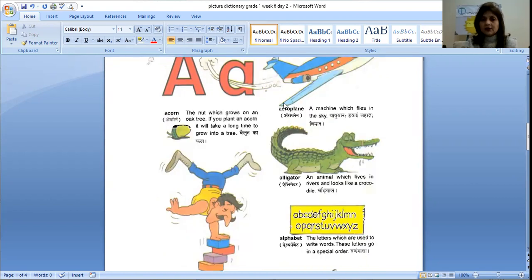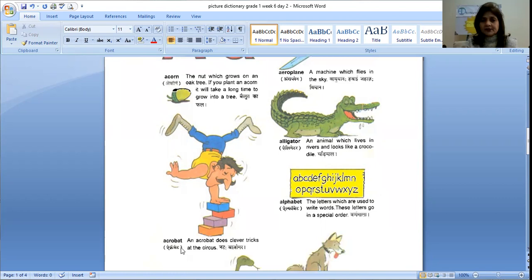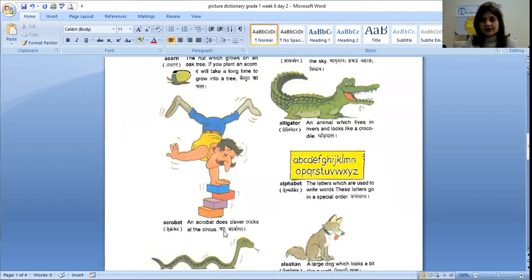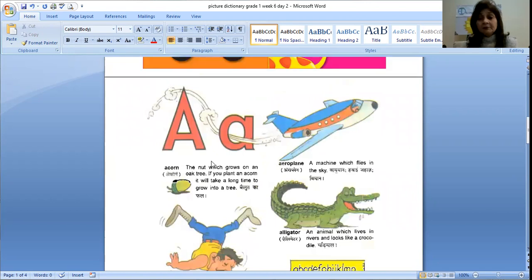A, acorn, then aeroplane, alligator, then alphabets, acrobat. They have given these words, and they have also given the meanings of these words. Because why do we look into the dictionary? We look into the dictionary to find out the meanings of different words.